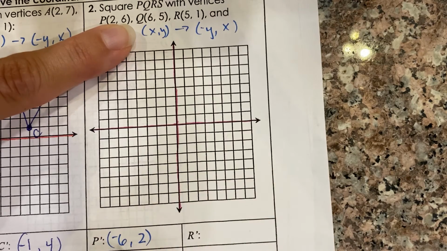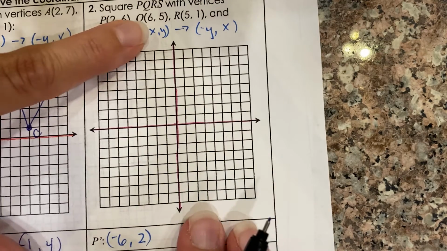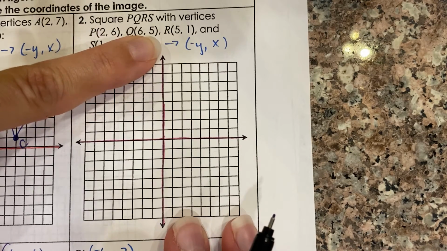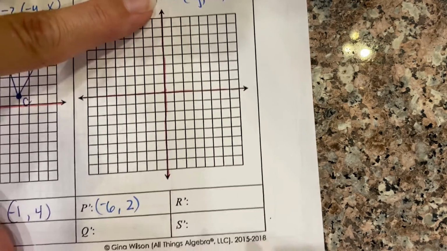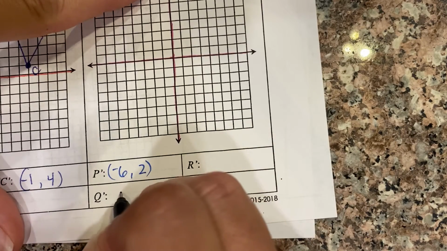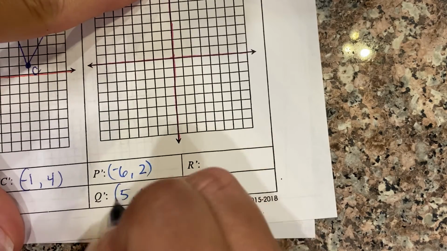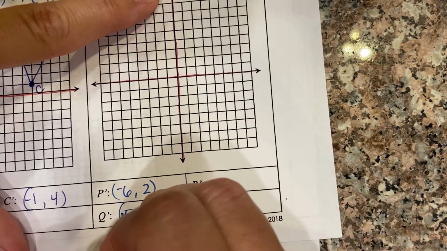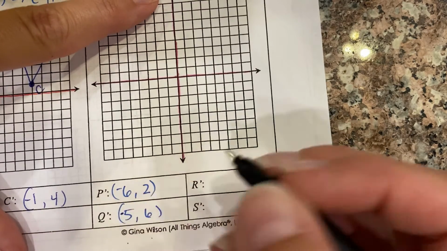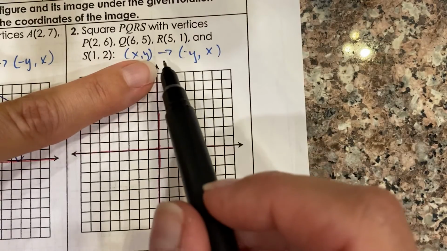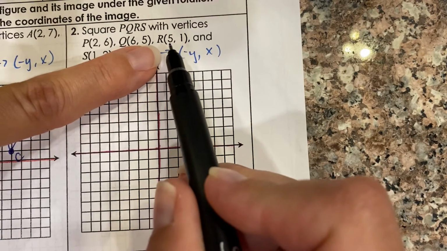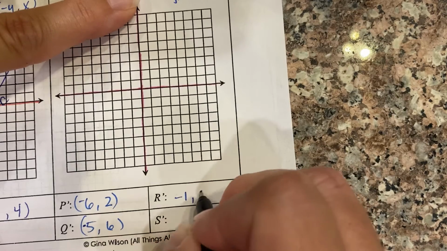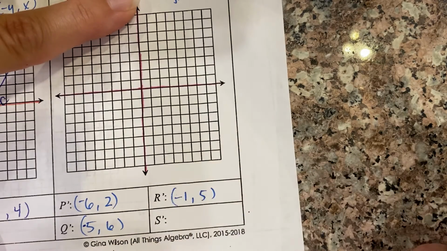So my new point, P prime, will be negative 6, 2. Q, 6, 5. I have to change the order. So it's going to be 5, 6. And then what else do I have to do? Change the sign of the first. Now I like to do it in 2 steps, but you can do it in 1 step. So let's look at point R, 5, 1. Change the order and the sign, negative 1, 5.